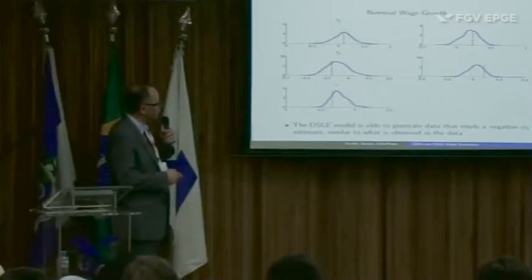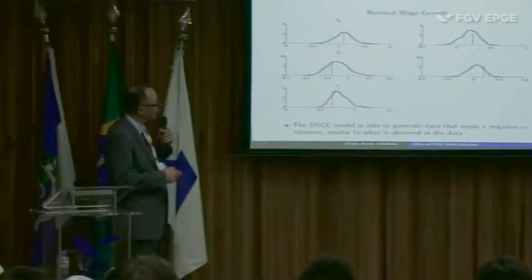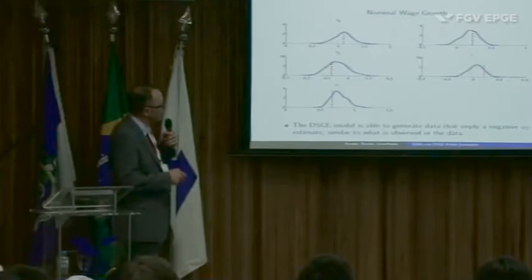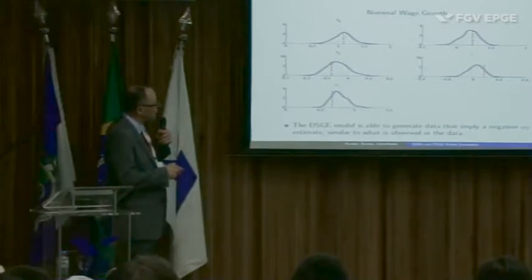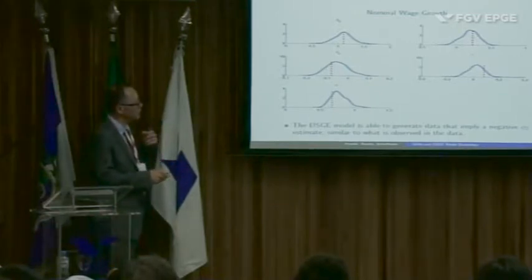So let's look at these phi 2 and gamma again. Here we're successful in the sense that from the data we're generating a negative phi 2 estimate and a positive gamma estimate.